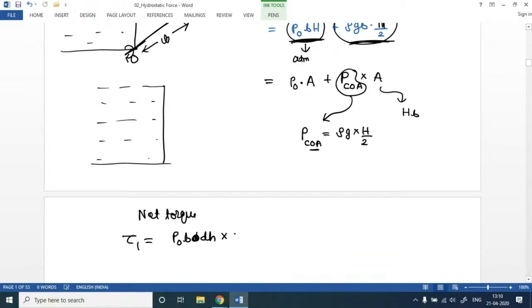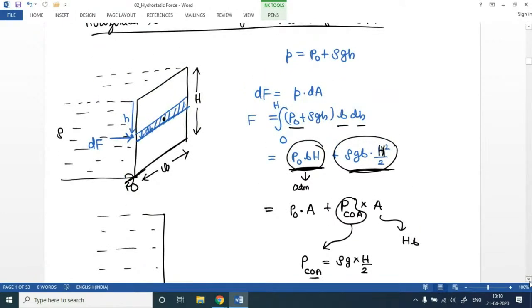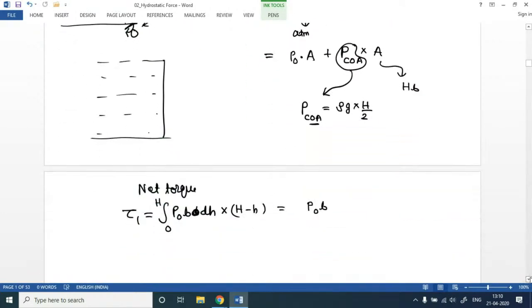The arm would be nothing but, from the bottom, capital H minus H. When we integrate this term from 0 to H, its result would be P naught into B into H square by 2.